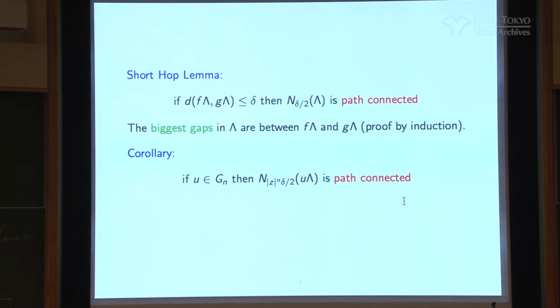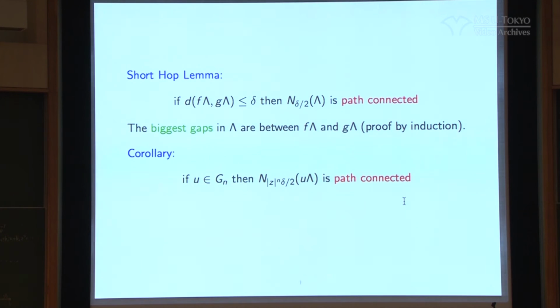Maybe my set lambda is not path connected, but I want to find paths which are pretty close to being connected, a sequence of dots which are pretty close to each other, a sequence of short hops that I can use to get from any point to any other point.